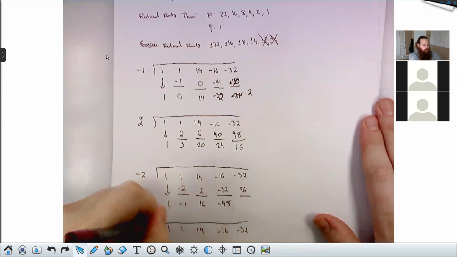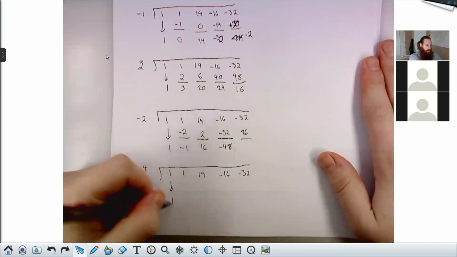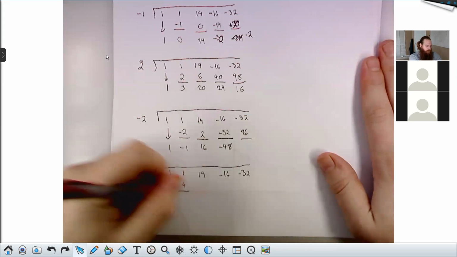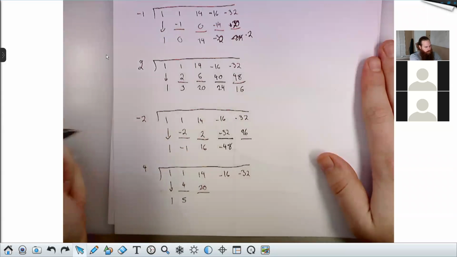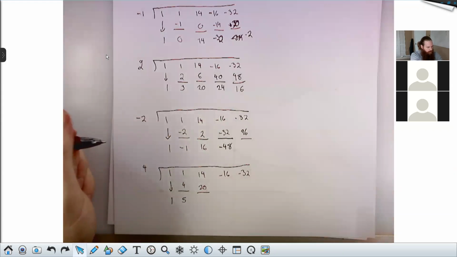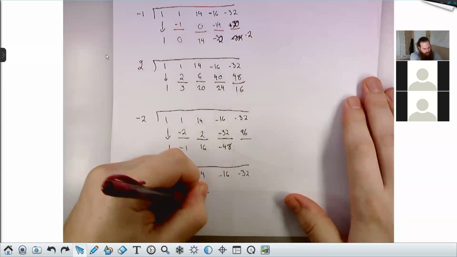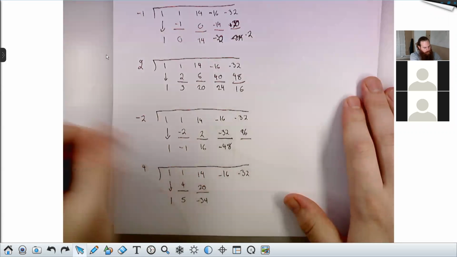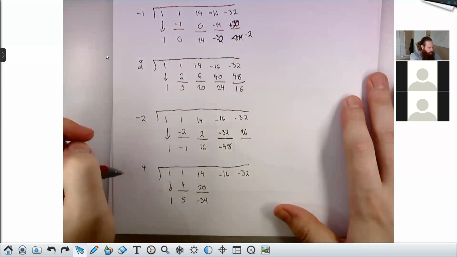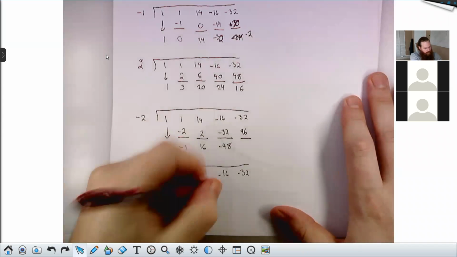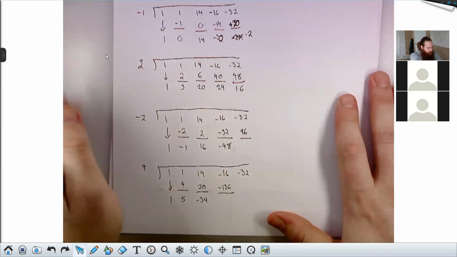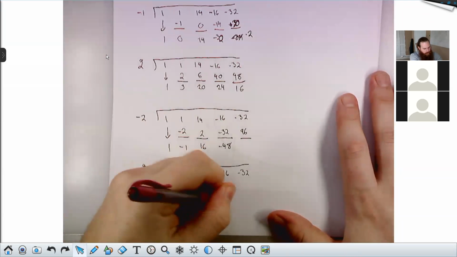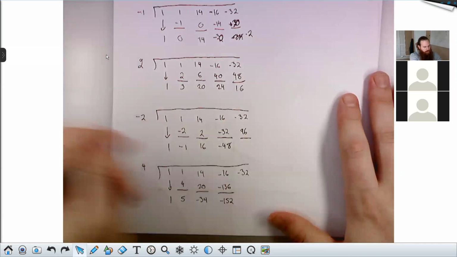And we run through this until we find one that works. 1 times 4 is 4, 4 plus 1 is 5, 5 times 4 is 20. 20 and 14 is -34. And we're already in trouble here. This is -120 plus 16 is -136. No hope here, right? This is -152 times 4 is definitely not positive 32.